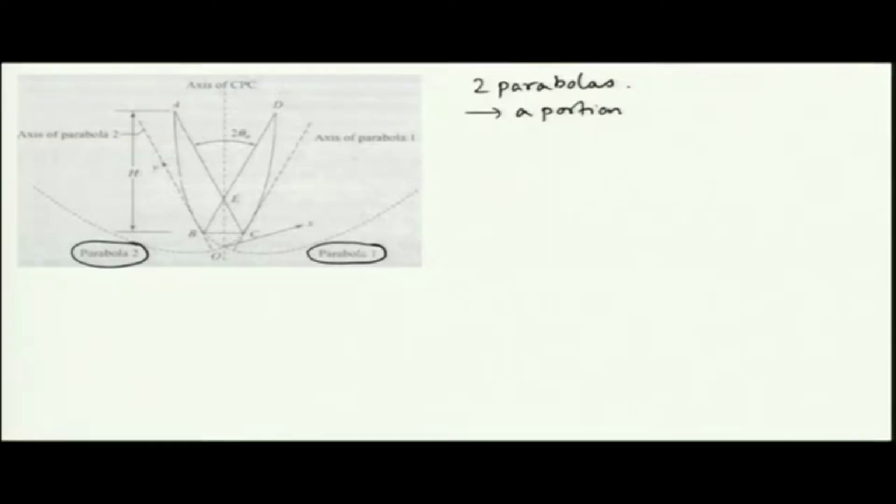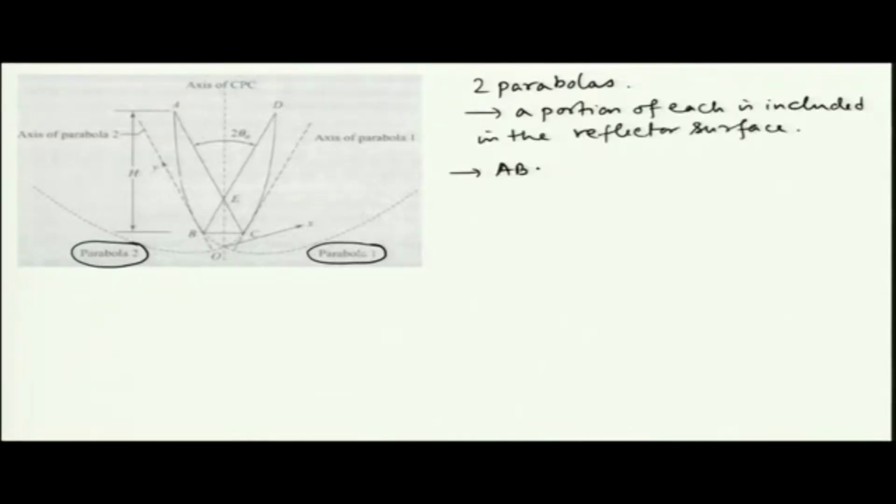Okay. So, here you can see that there are two parabolas, one is parabola 1, okay, and the other one is parabola 2. So, there are two parabolas and a portion of each is included in the reflector surface.